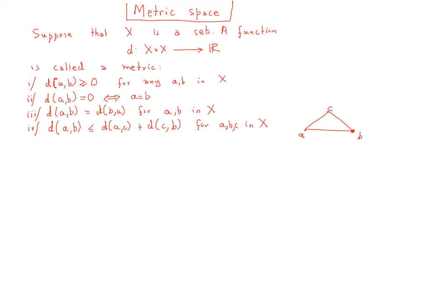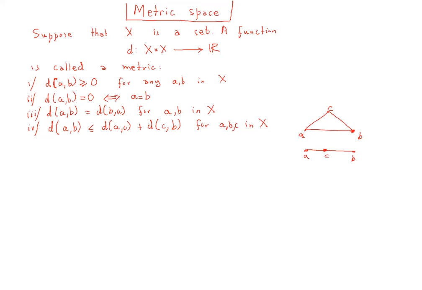Of course, even in the simple case of a Euclidean space, the equality can hold true if, for example, you had the line segment and C was between A and B.